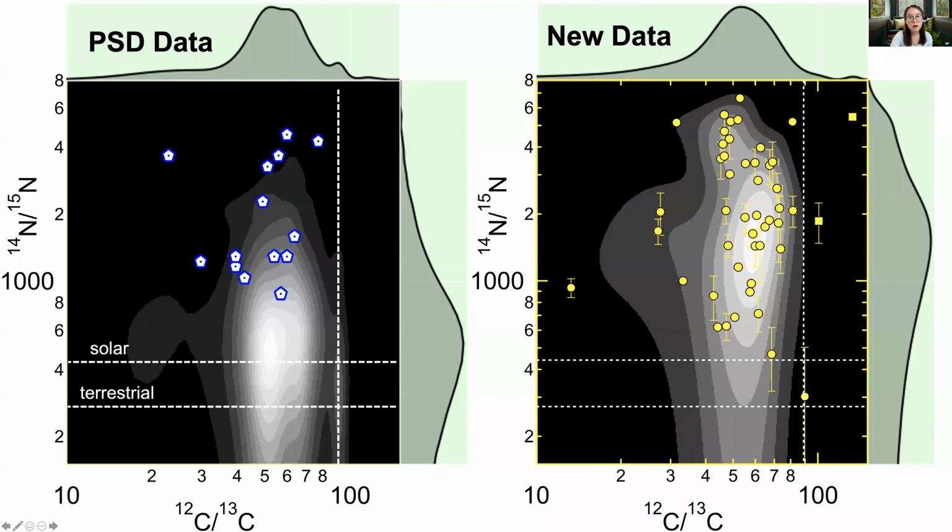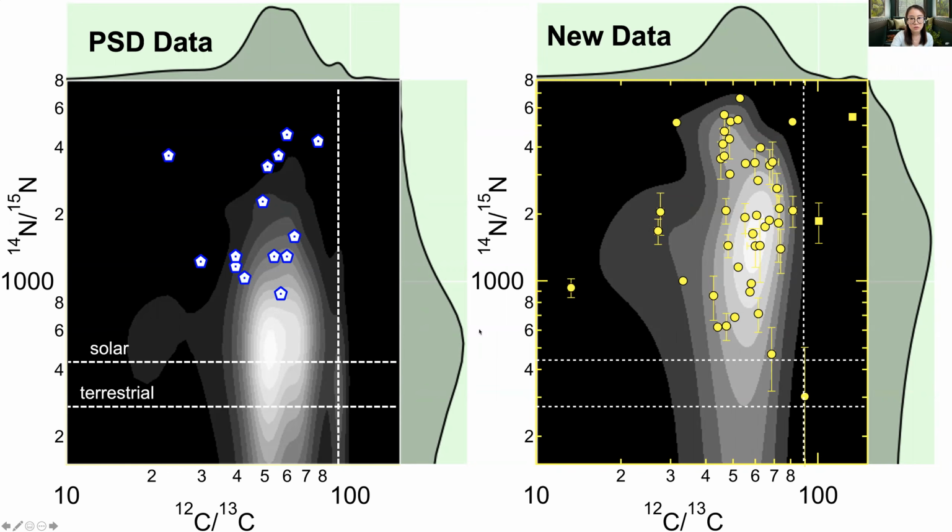Here on the left is what we saw earlier from the literature data with the carbon star observations. In comparison, we have the new data plotted on the right as yellow circles. For direct comparison, the distribution of the new green data is also shown as a grayscale density map for comparison with the literature data on the left.